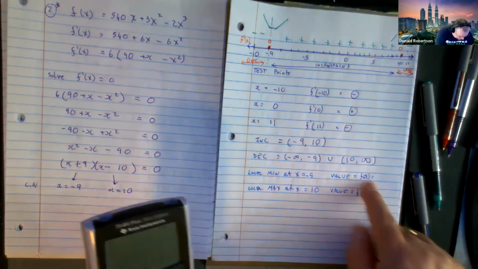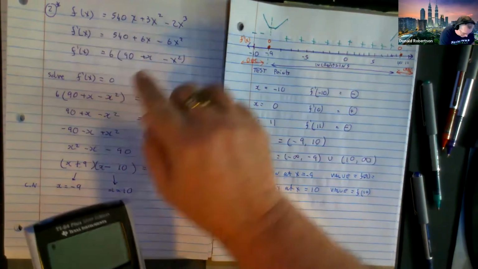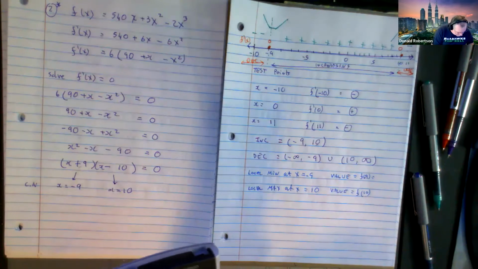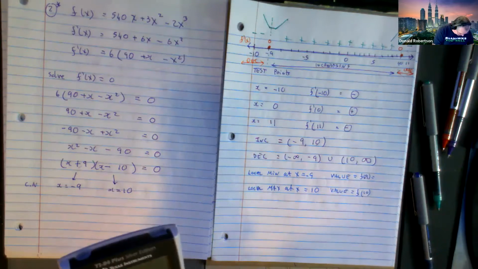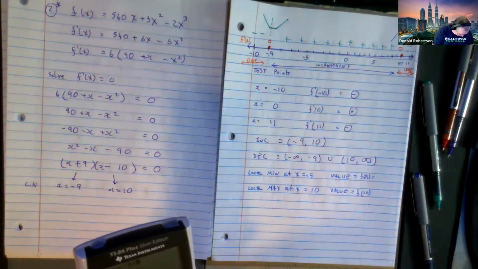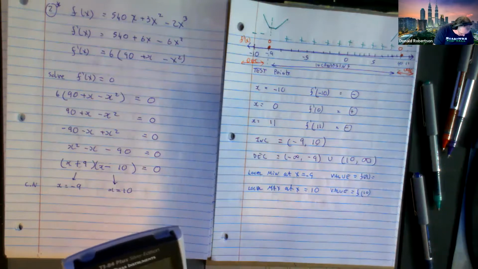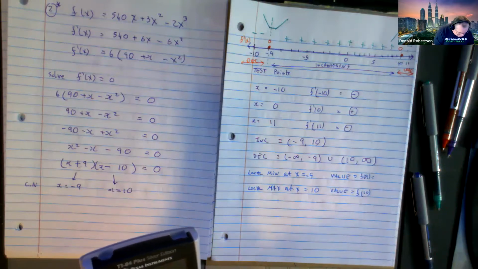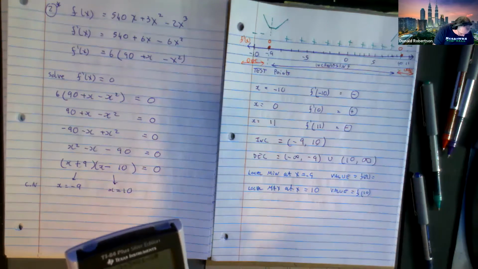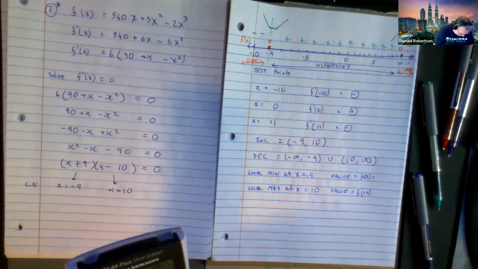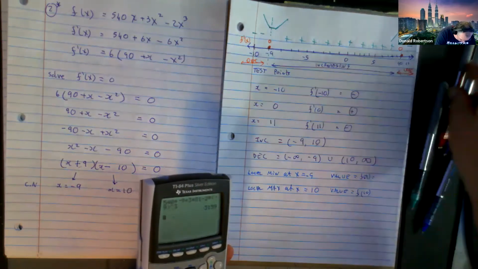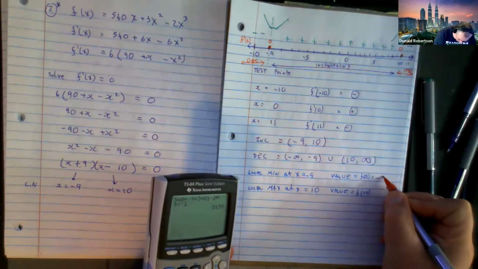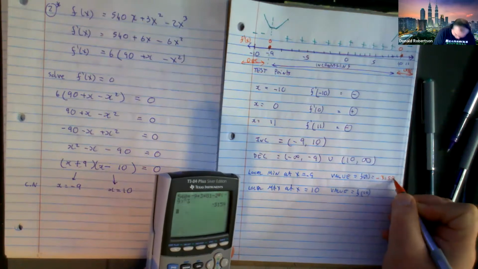So at negative 9, the original function is 540 times negative 9 plus 3 times negative 9 squared, take away 2 times negative 9 all cubed, and I get the ridiculously big answer of negative 3159.